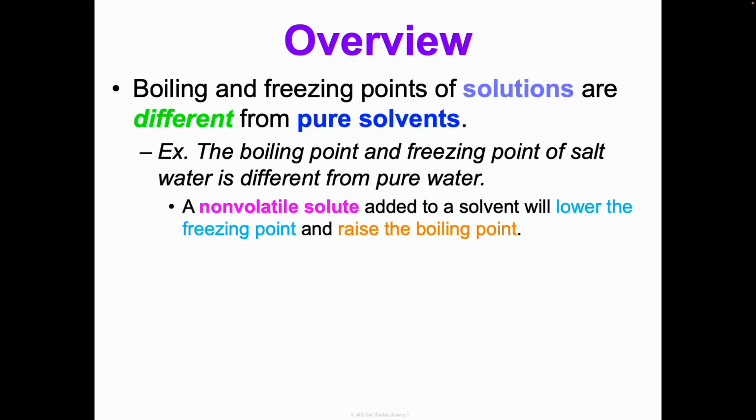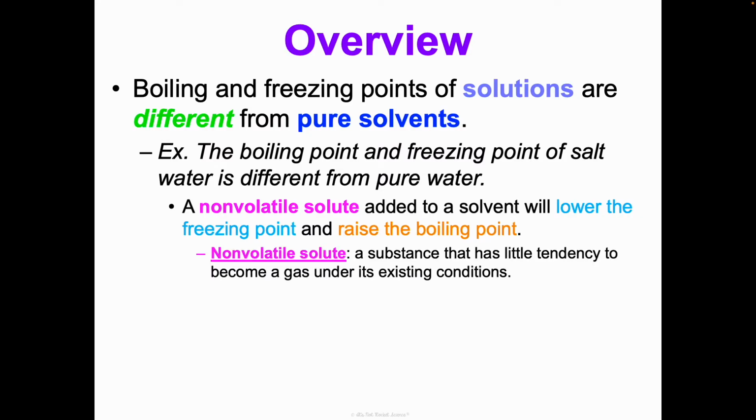So a non-volatile solute added to a solvent will lower the freezing point and raise the boiling point. What do I mean by non-volatile solute? I mean a substance that has little tendency to become a gas under its existing conditions. It's not going to turn into a gas very readily, but its presence will change the freezing point and boiling point.